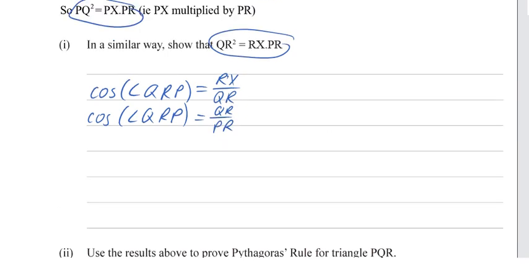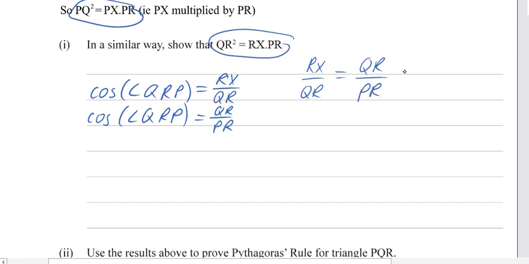And because both of these fractions are equal to the same thing, we can write those fractions as equal to one another. So I can say that RX over QR is equal to QR over PR.